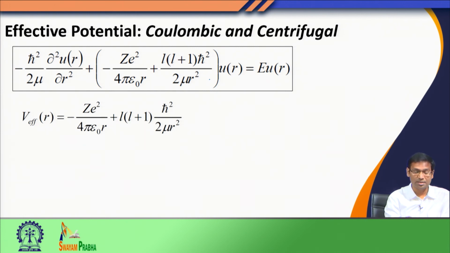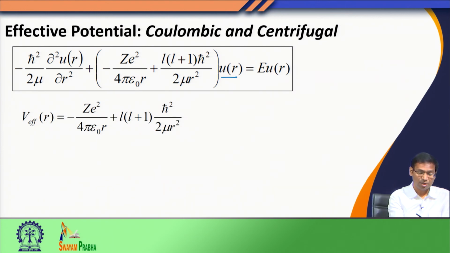Now, what you see is that I have a second order differential equation in terms of u, and the variable is r. So, this is a second order differential equation for function u, where, if you look carefully, it also resembles a one dimensional Schrodinger equation in the dimension of r.